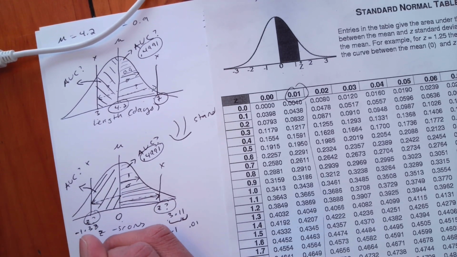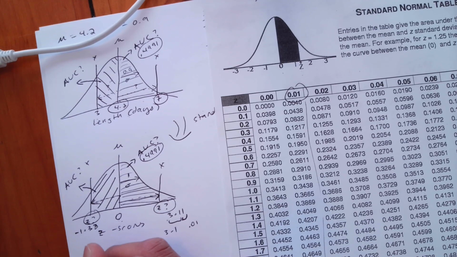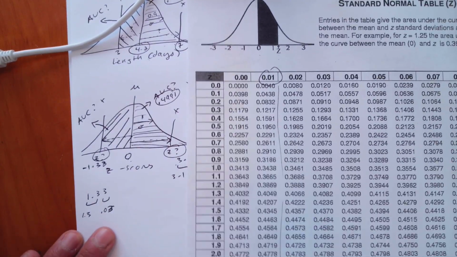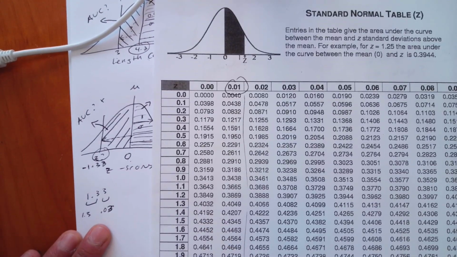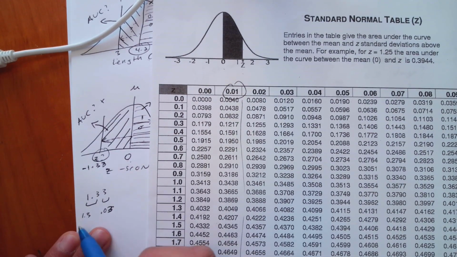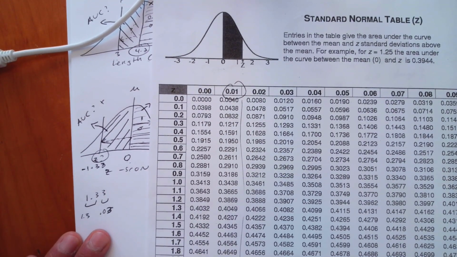So in the column, I'll look up 1.3, and in the row, I'll go over to 0.03. So we've got 1.33 as our z-score of interest, so 0 to negative 1.33. And we're going to look up 1.3 and 0.03 on the table.